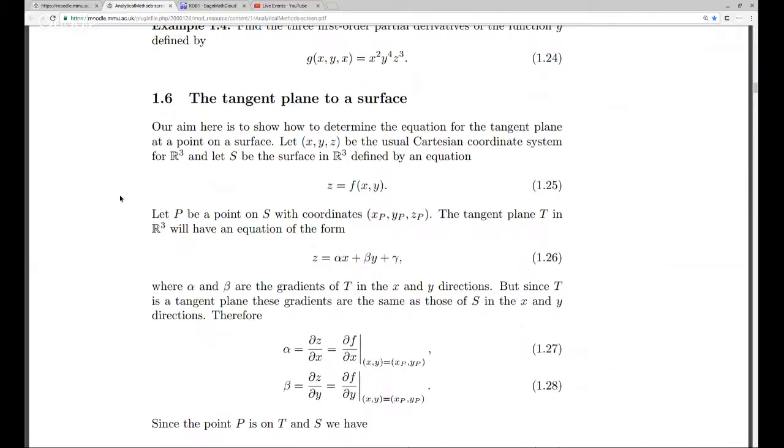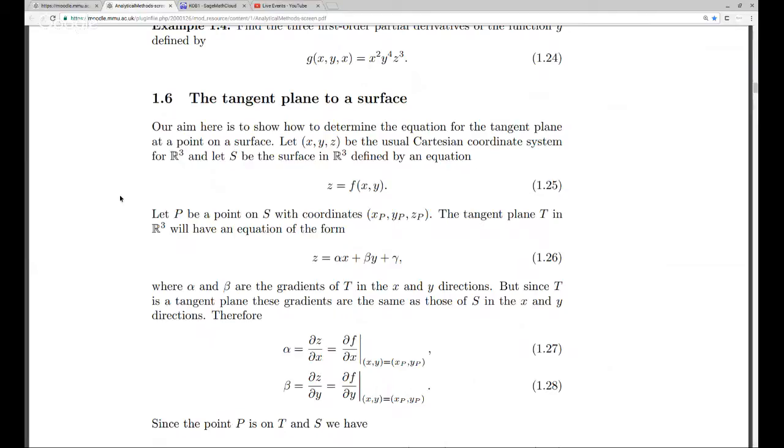And what we mean by that is that if you go along the x direction along the plane, go along the y direction along the plane, so those are two linear directions across the plane, the gradient or the slope of the plane in those directions is the same as the rate of change of the original function f in those directions at that point P.